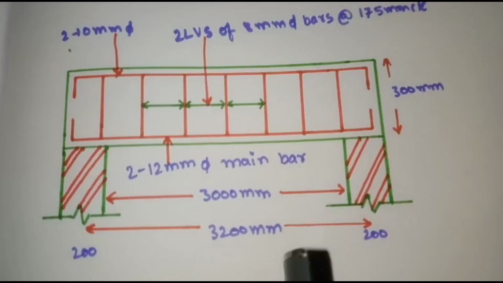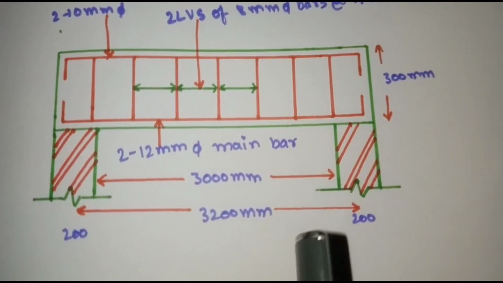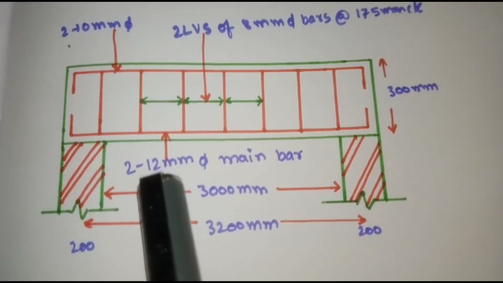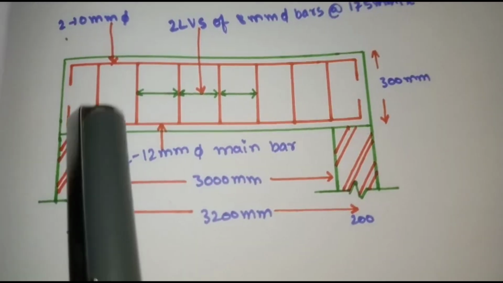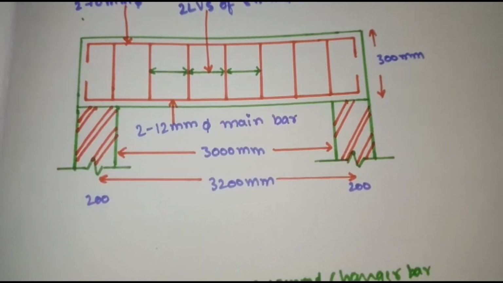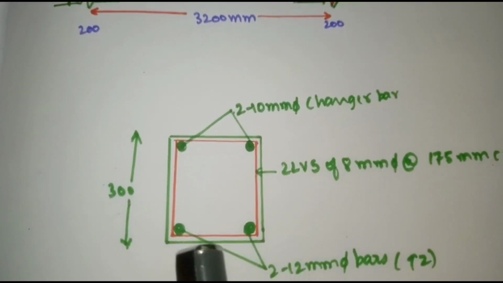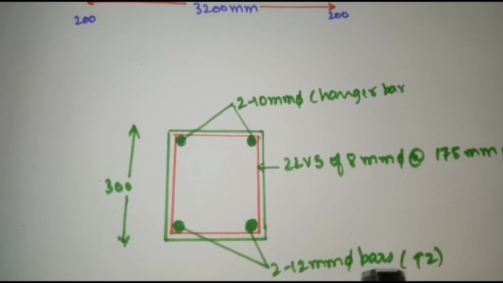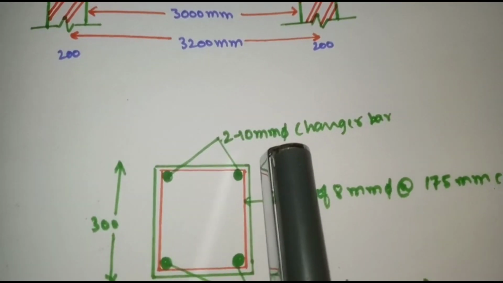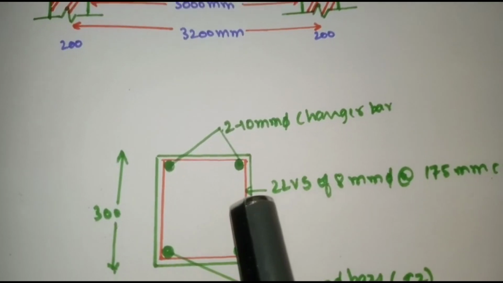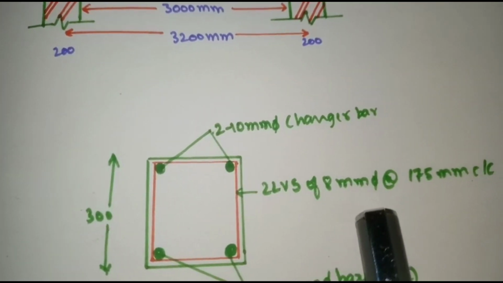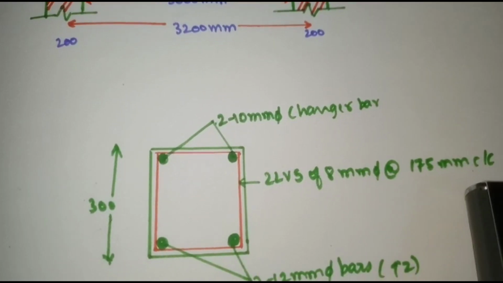And this is the longitudinal sectional diagram of our beam. When you cut the beam at the middle, what you are going to see is 2 numbers of 12 mm phi bars at tension side and 2 numbers of 10 mm phi bars at top side, and the red line which you are seeing is 2-legged vertical stirrups of 8 mm phi bars at 175 mm center to center.